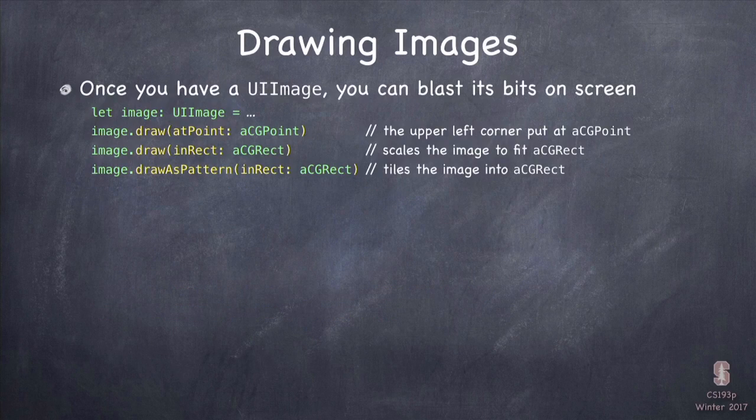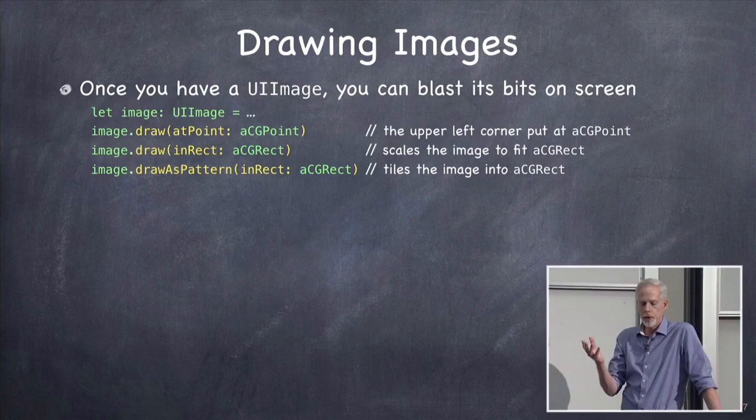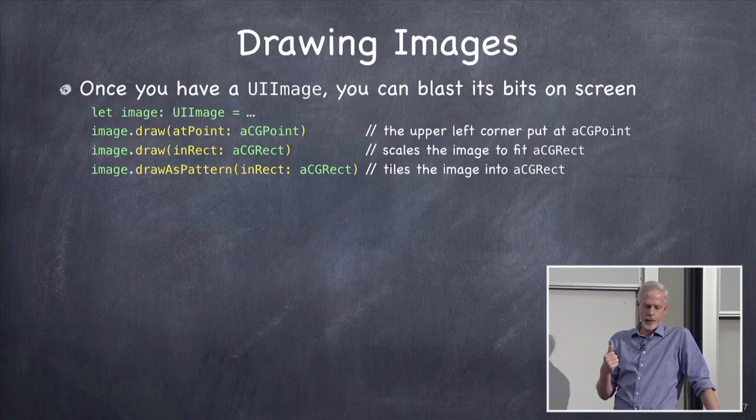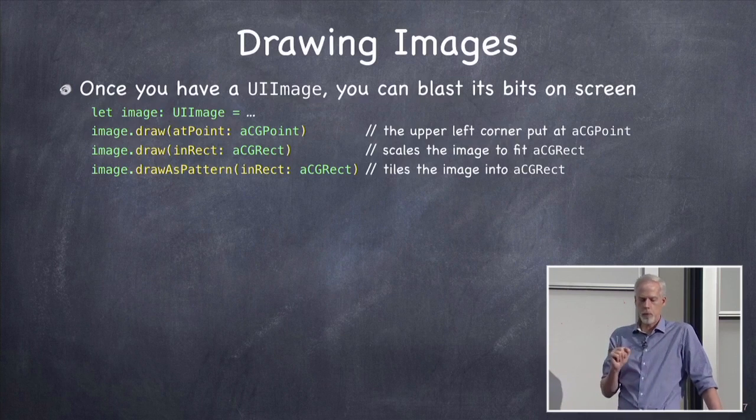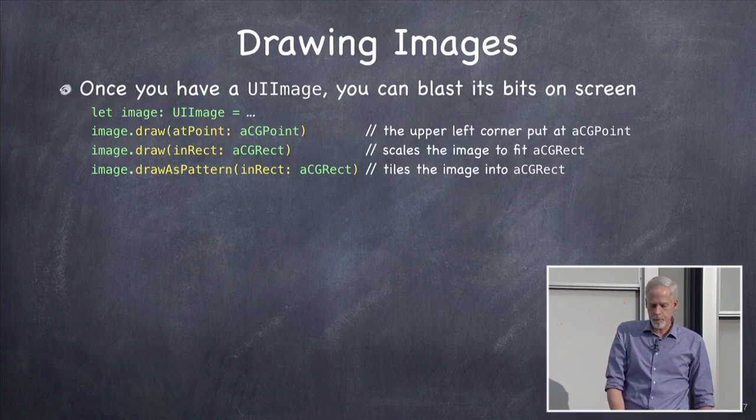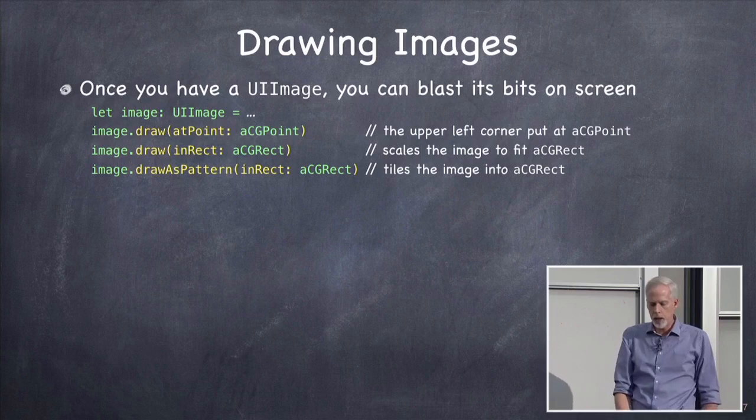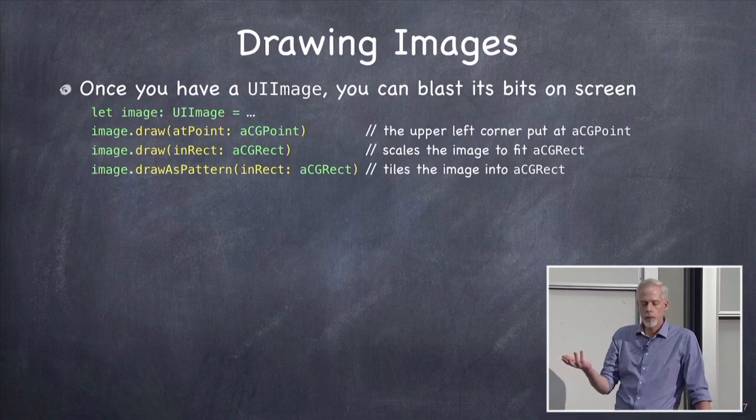So once you have an image that you got from any of these sources, you can just draw it inside your draw rect by saying draw at point or draw in rect. Actually, I think that's probably draw(at:), not at point colon, and draw(in:) and drawAsPattern(in:). Those do kind of what you would think. Draw at point draws it where that's the upper left-hand corner.